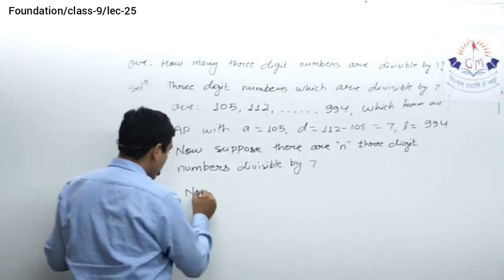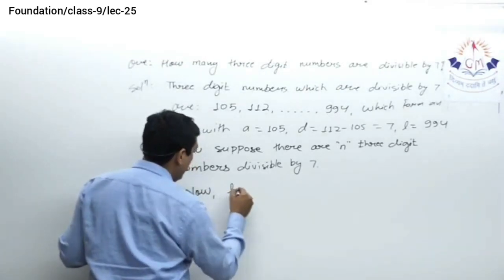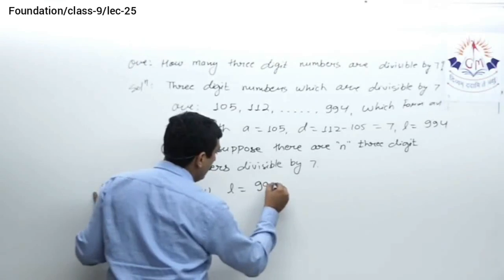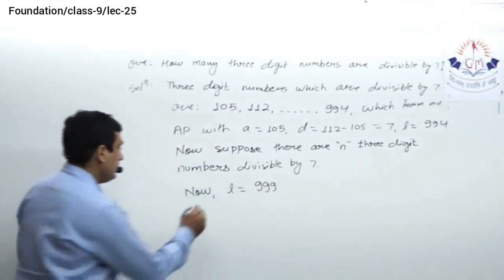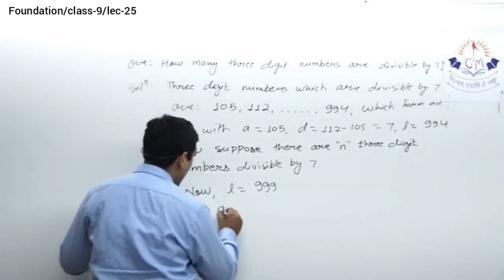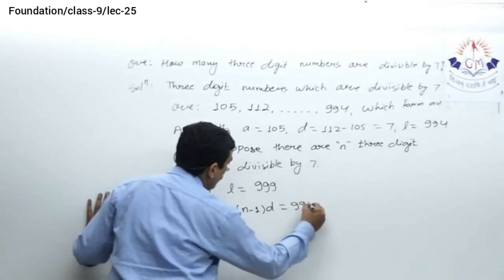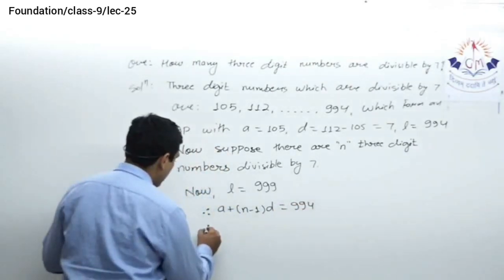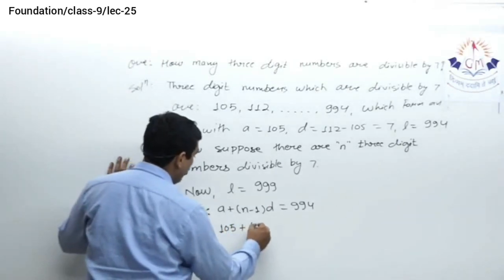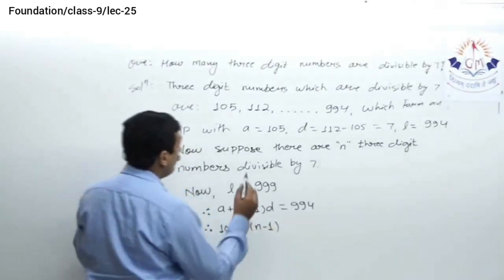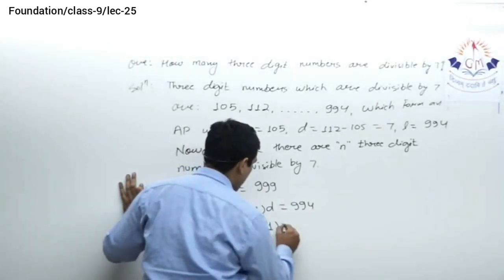Now an or l, now l is equal to 994. Here l is equal to 994, isn't it? Therefore I can write a plus (n minus 1) d is equal to 994. Therefore a is 105, (n minus 1), d is 7, equal to 994.